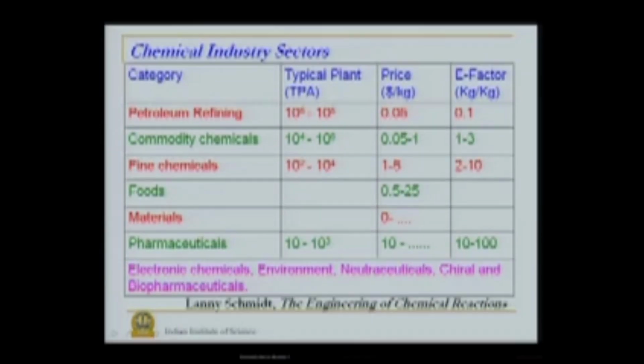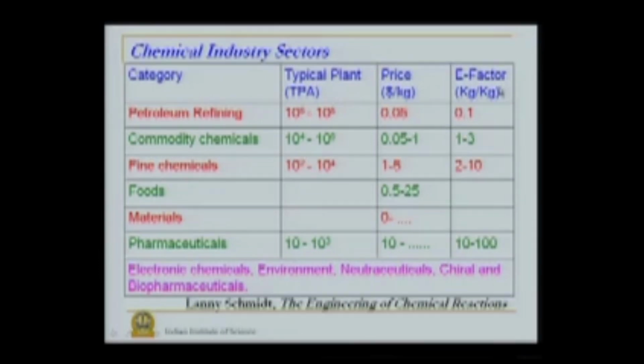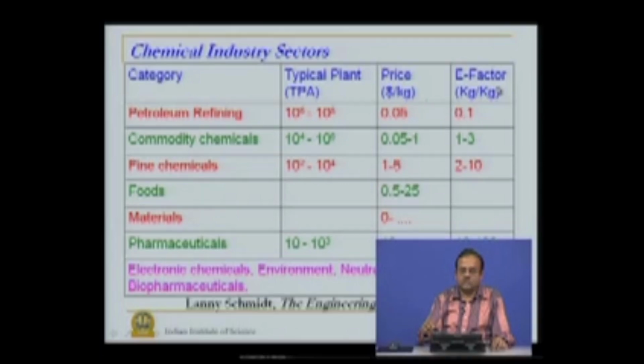Now, let us look at the different sectors of the chemical industry and how they compare with each other. What I have shown here is different categories of sectors, their typical operating size, the price per kg, in dollars per kg, that these products command, and then the last factor, the environmental factor or E factor, that is the amount of waste generated, that is, kg of waste generated per kg of desirable product that is produced.